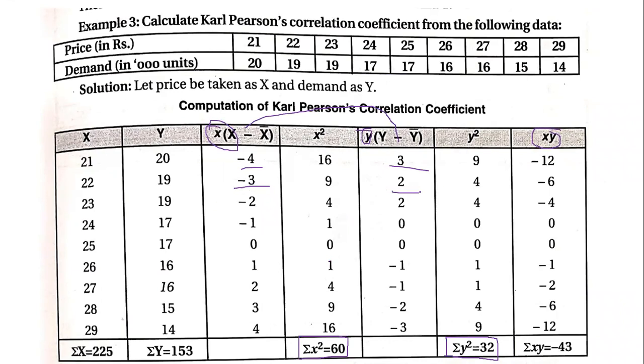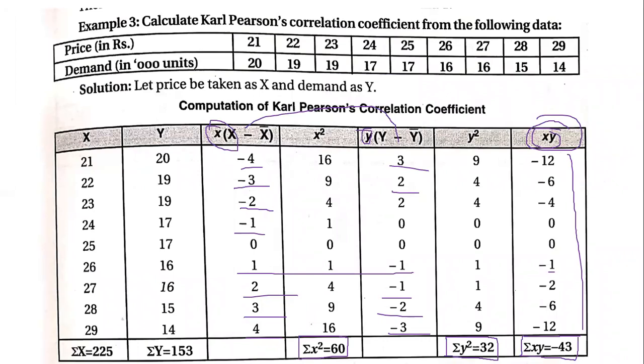So minus 3 into minus 2 is minus 6, minus 2 into 2 is minus 4, minus 1 into 0 is 0, anything into 0 is 0, 0 into 0 is also 0, then 1 into minus 1 is minus 1, 2 into minus 1 is minus 2, 3 into minus 2 is minus 6, 4 into minus 3 is minus 12. Now if you total this column, you get sigma xy, which is nothing but minus 43.